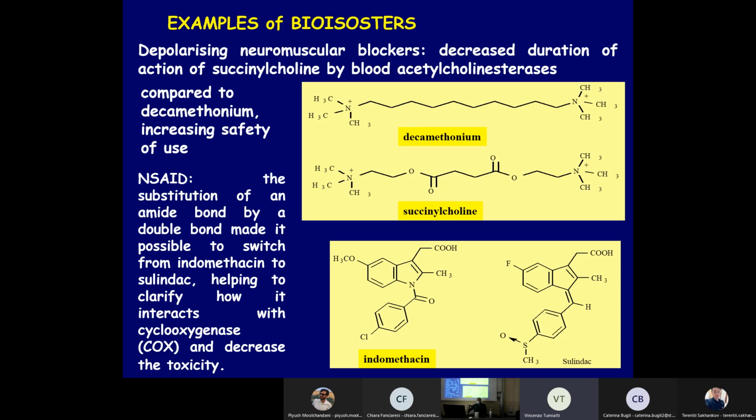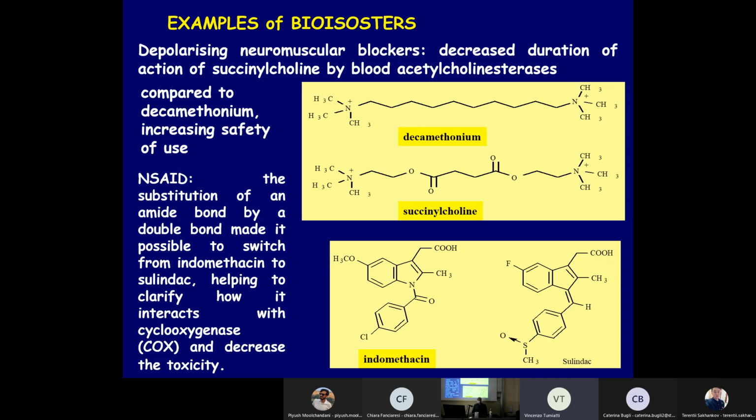In this case, they get succinylcholine. Succinylcholine is very quickly metabolized, hydrolyzed in particular on the 2 ester groups. And so the half-life of succinylcholine is shorter than that of decamethonium.